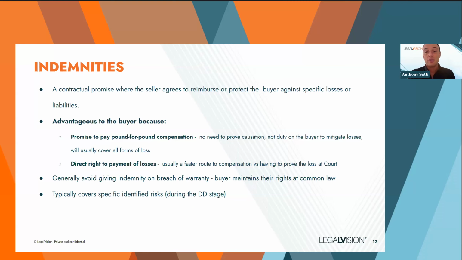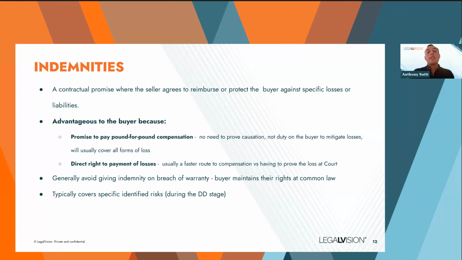They don't really need to do all of that when it comes to an indemnity. They just get to ask you, as a contractual debt, to cover all the loss that they suffer as a result of a specific event. And it's arguably a faster and easier route to compensation than having to go to court.